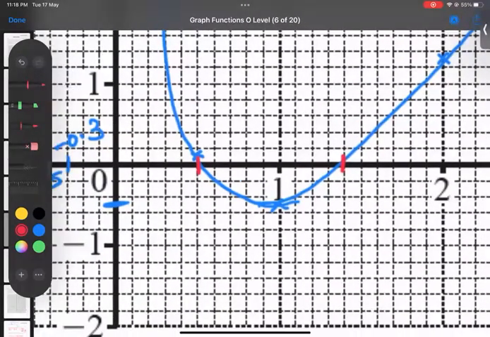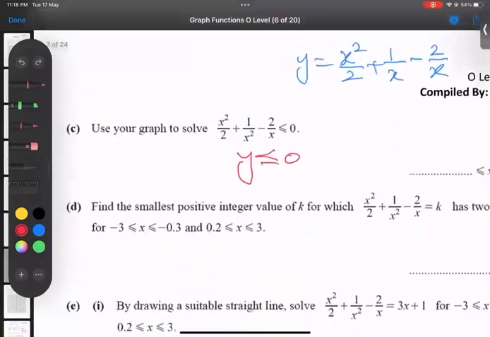This is 0.5, naturally 0.5. And what is this? 1.1, 1.2, wait a minute, 1.4. So in the middle of these two x values, if I move along the x-axis, the curve will go under the x-axis. So this means my answers are 0.5 and 1.4.